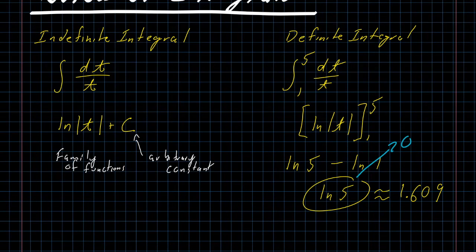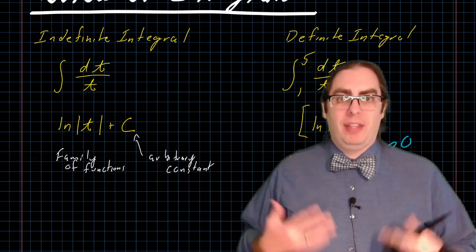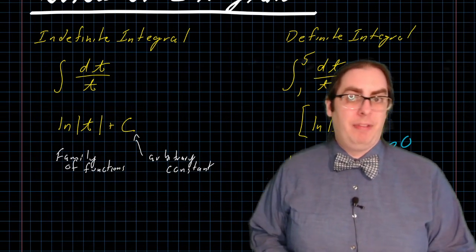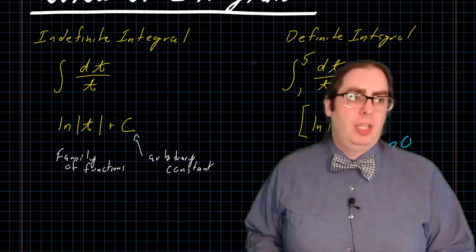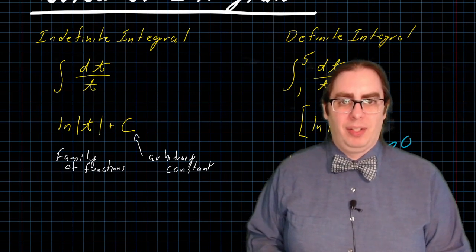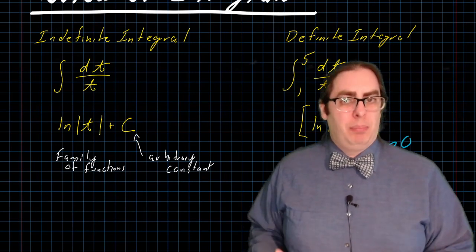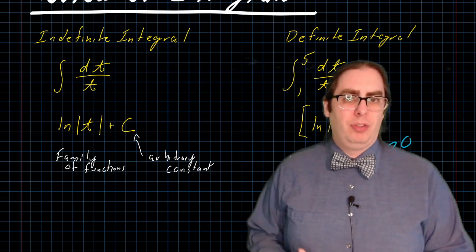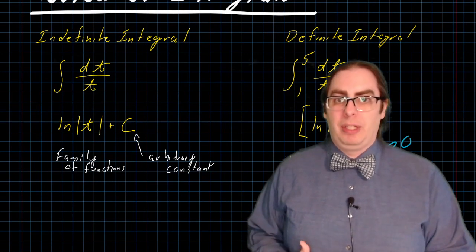But when you take a definite integral, the result is a numerical value. Again, that should be something you're very familiar with. That's an idea that shows up very early in calculus and continues throughout your study of calculus. But it is going to be important here. So if it's been a while since you've taken calculus, something to think about.